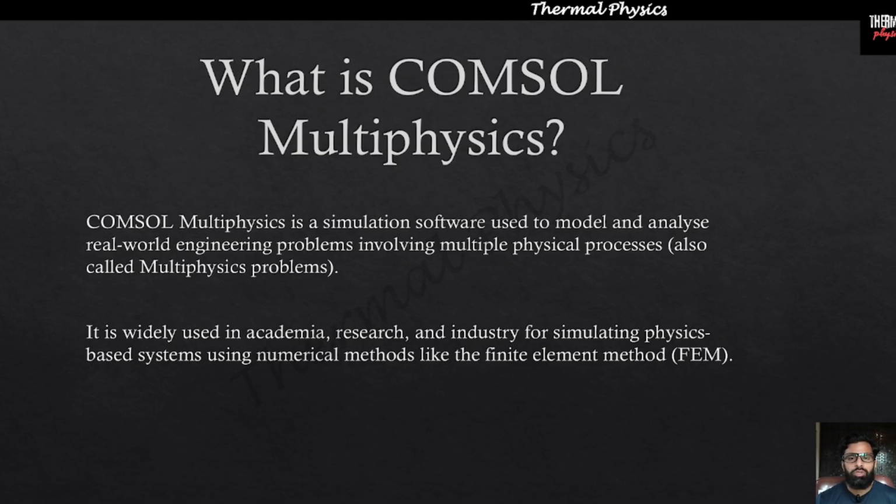For example, water is flowing through a pipe and it is getting heated on one end. Hot fluid has to be carried from one end of the pipe to the other end, and we want to analyze this system. Now, if we see this system, there are not just two but three types of physics involved.